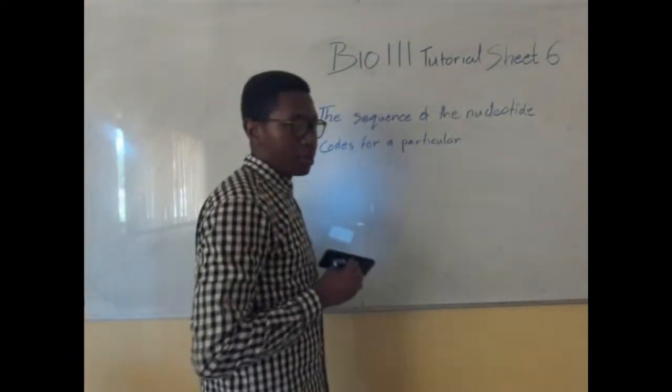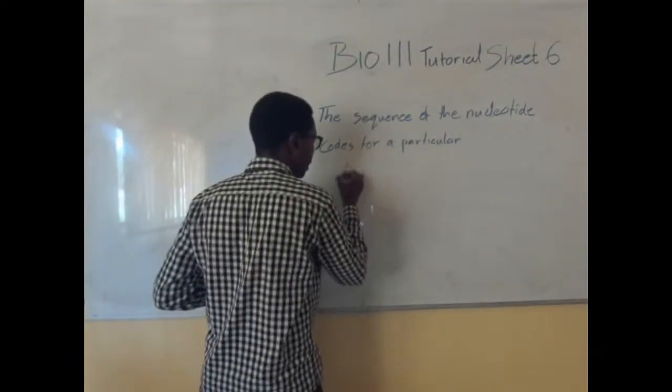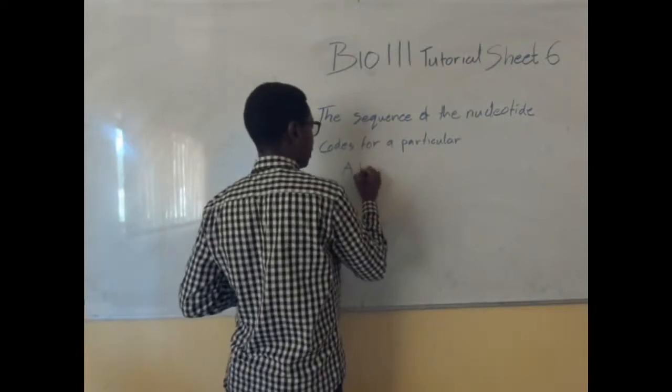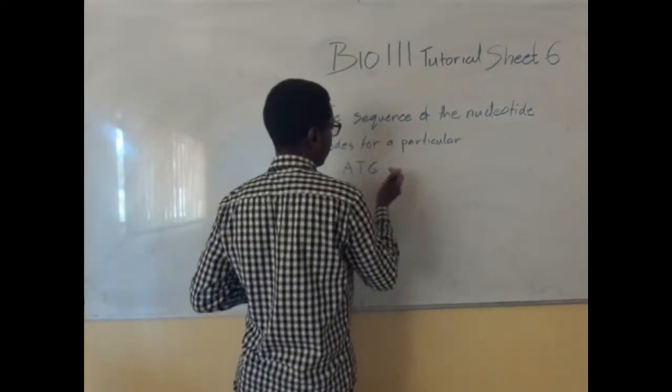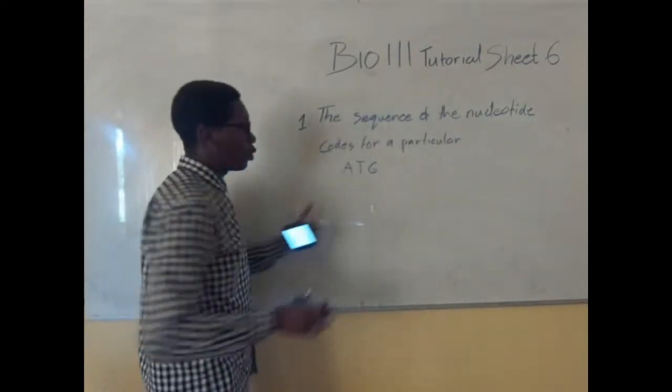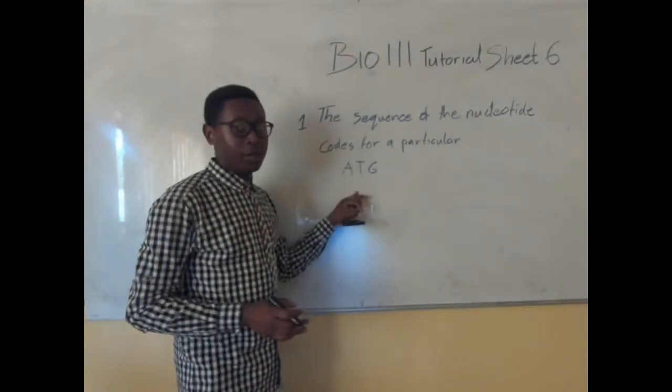For example, if you have an adenine, then after the adenine, thymine, and guanine, so 3 nucleotides, they code for a particular protein.